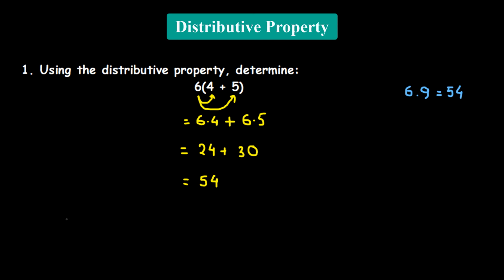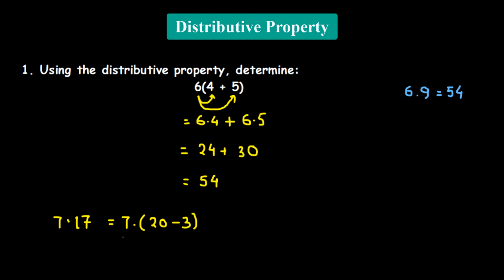Let's say we have 7 multiplied to, let's take, 17. Now instead of multiplying 7 to 17, we can rewrite 17 as 20 minus 3.